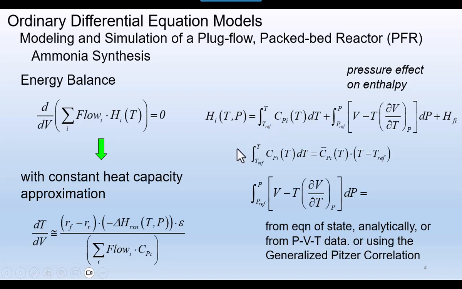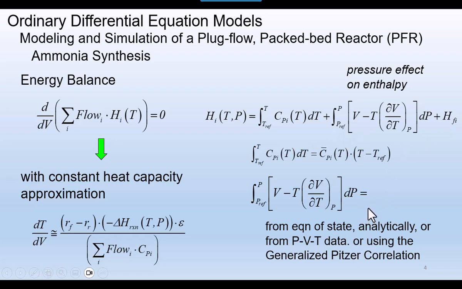So when we're dealing with accounting for enthalpies at both temperature and pressure, we have the integral for the temperature effect involving the heat capacity, a function of temperature, integrating from a reference temperature up to a given temperature. And then we also have the pressure effect on enthalpy given by this thermodynamic expression integrated over pressure. And then we have an initial enthalpy that we account for at the reference conditions.